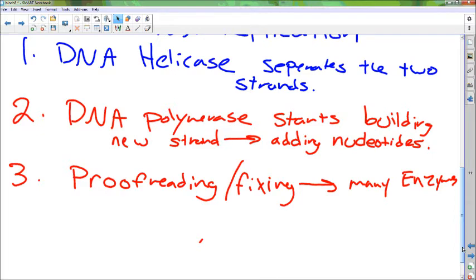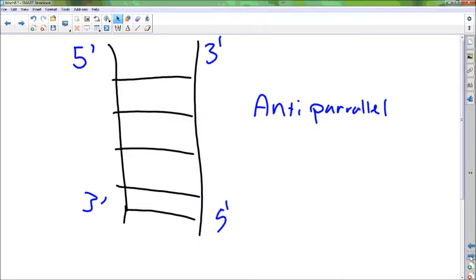All right. Now, if you remember yesterday, we talked about the fact that DNA is built anti-parallel, right? It has directionality. One strand goes one way, the opposite strand goes in the opposite direction. Kind of think about your arms going like this. Remember, we call that anti-parallel, the fact that they're parallel to each other, but they run in opposite directions.